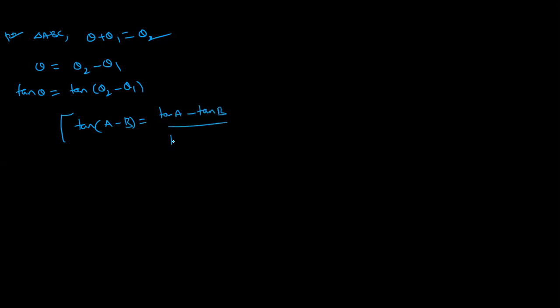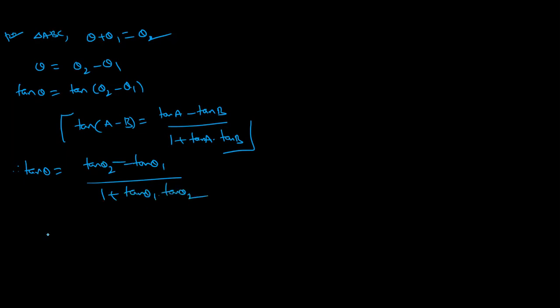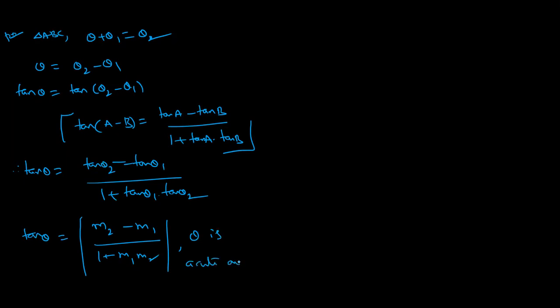Tan A minus tan B by 1 plus tan A tan B. In this case, since I'm taking the modulus for the acute angle, this is M2 minus M1 by 1 plus M1 M2. Theta is what? The acute angle.